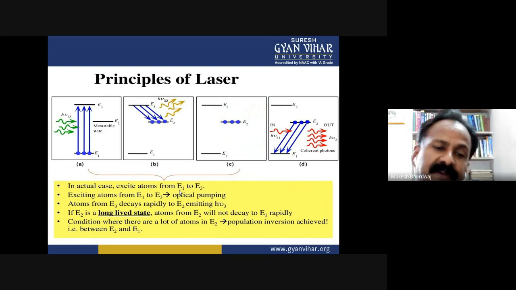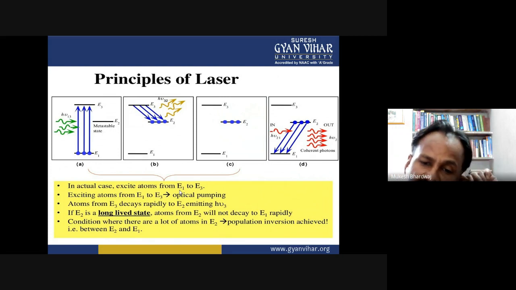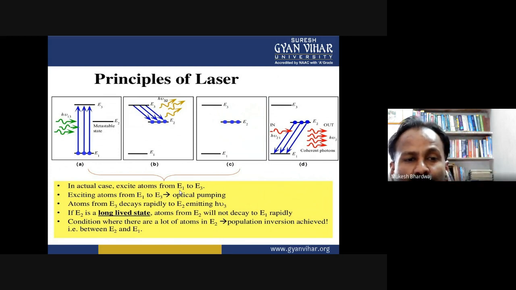Atoms from E3 decay rapidly to E2, emitting h nu 3. If E2 is a long-lived state, atoms from E2 will not decay to E1 rapidly. In the condition where there are a lot of atoms in E2, population inversion is achieved, that is between E2 and E1.